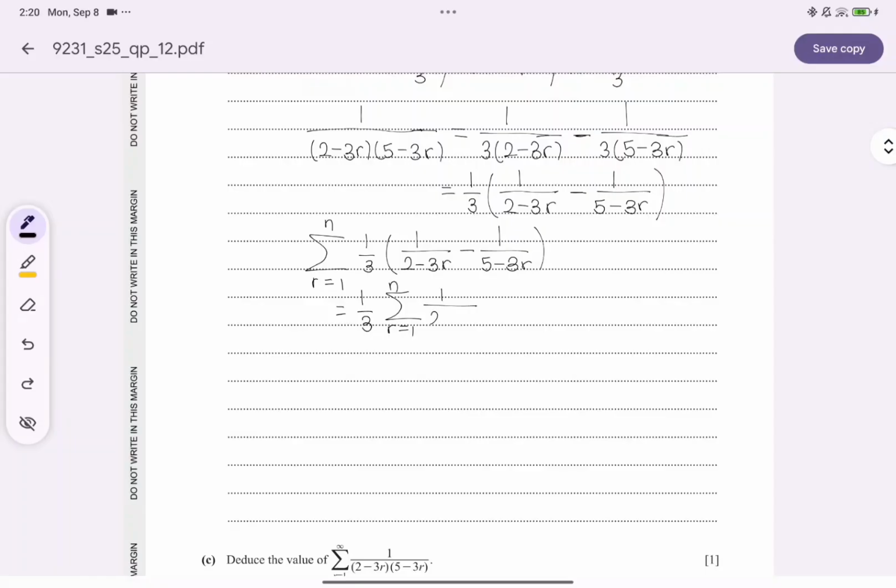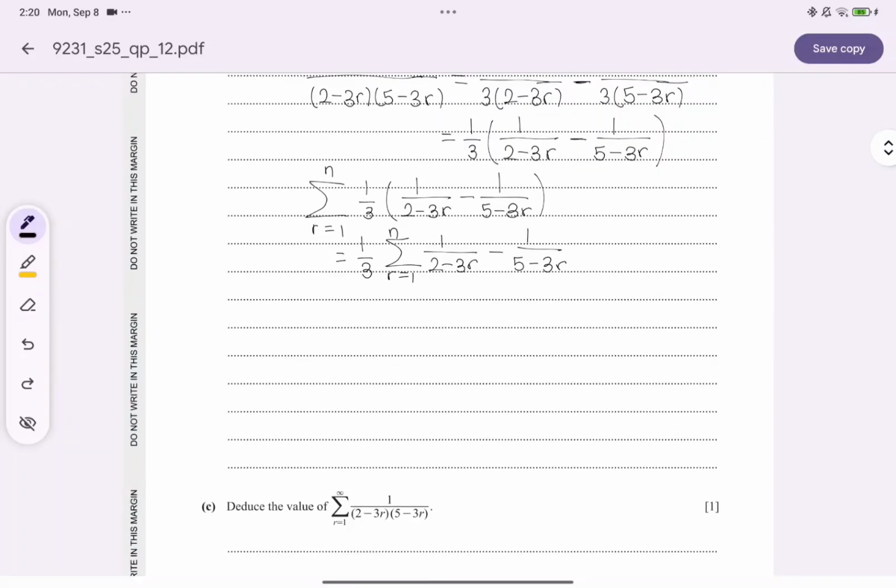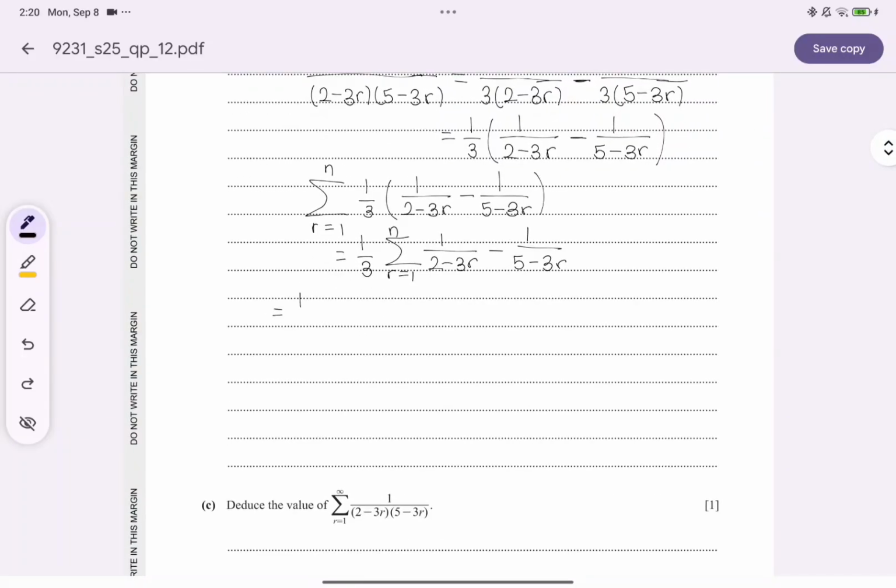And now we can evaluate this. Okay, so to do this, let's first find the term when r equals 1. So that will give us 1 over 2 minus 3, which would be 1 over minus 1, then minus 1 over 5 minus 3, which is 1 over 2.